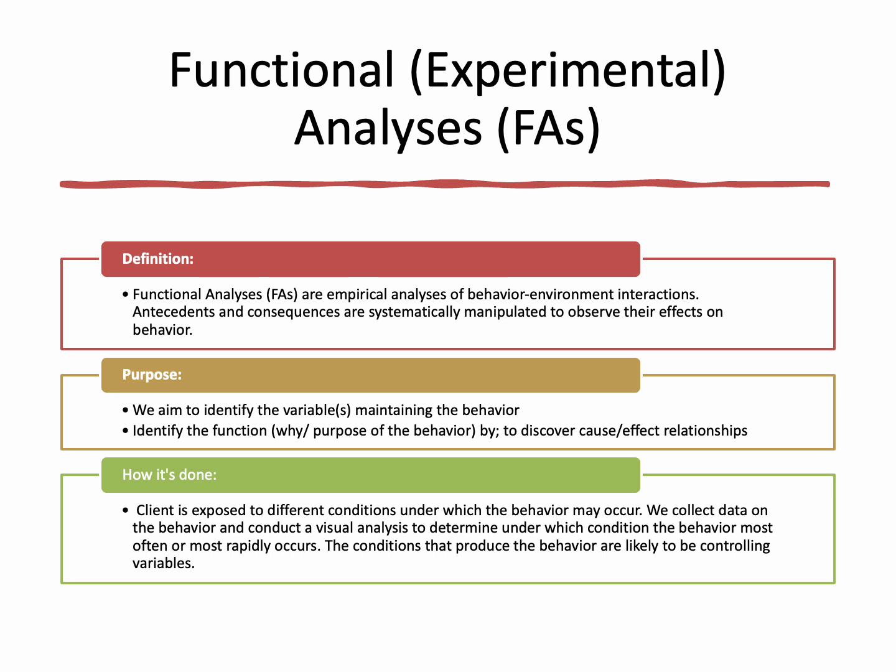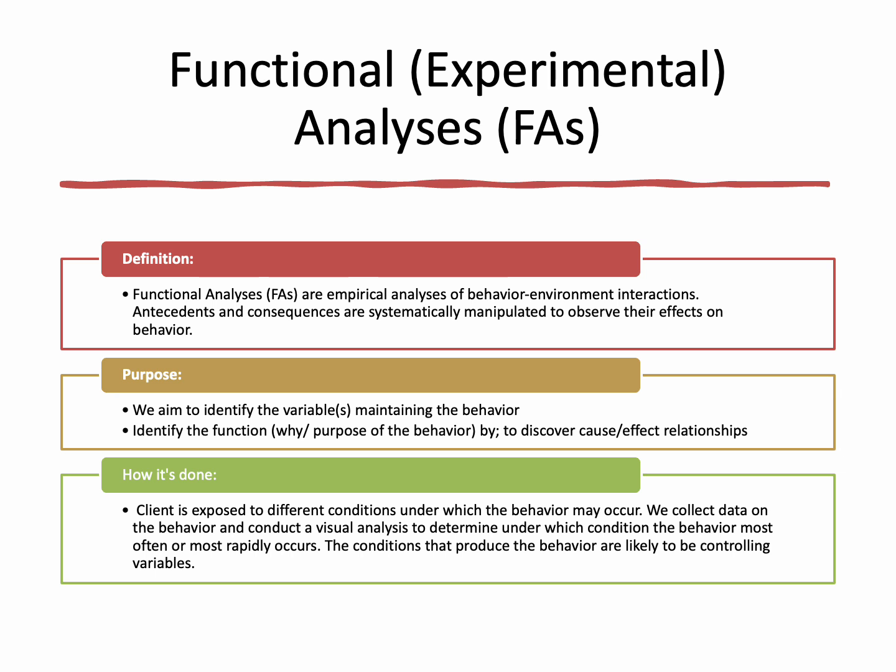We want to know which consequences are controlling our behavior, which consequences are reinforcing the behavior. By discovering these cause and effect relationships, we're able to then come up with function-based interventions. That's what I've mentioned is the entire purpose of conducting a functional behavior assessment, is to identify function and be able to come up with an intervention based on that function so that we can more effectively reduce the behavior.